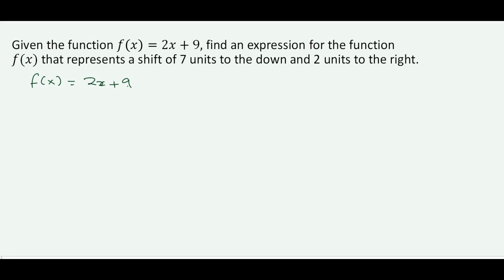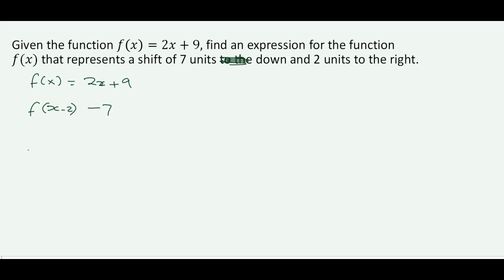Find an expression for the function that represents a shift of 7 units down and 2 units to the right. 2 units to the right is x minus 2, and 7 units down is going to be a subtraction. So it's f of x minus 2, minus 7.